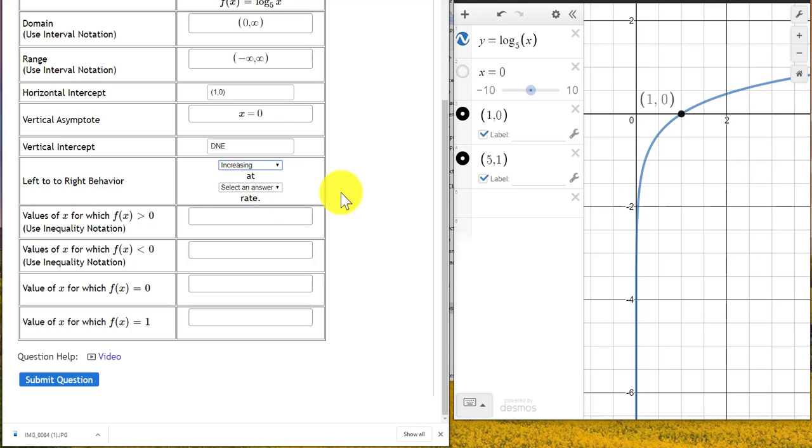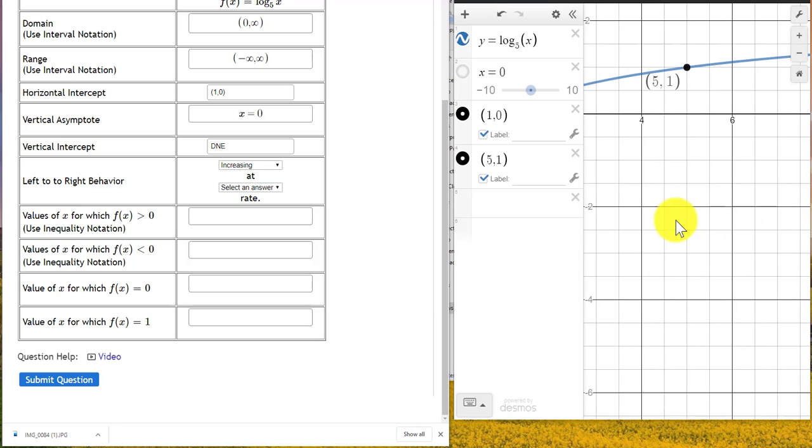Now the next question, is it increasing at a constant rate? Well, the y's jump from here to here really fast. But then the y's went from 0 to here not too fast. And over here, the y's went from 1 up to here really slowly.